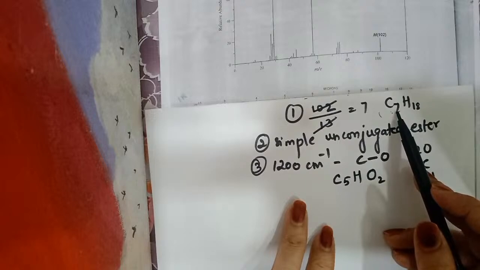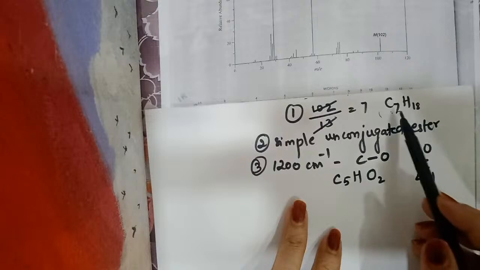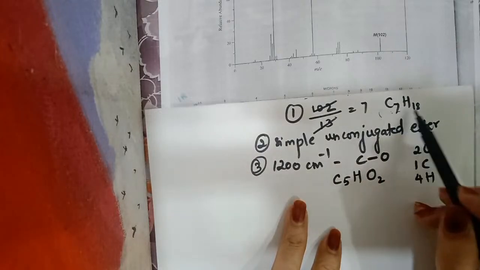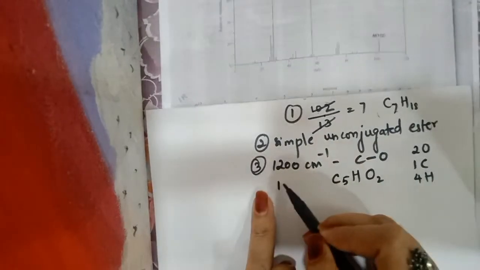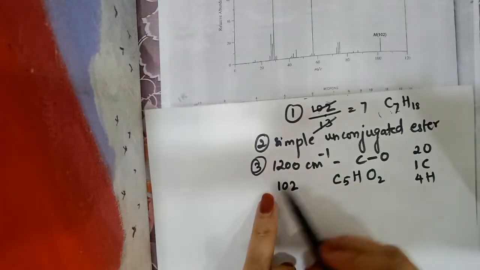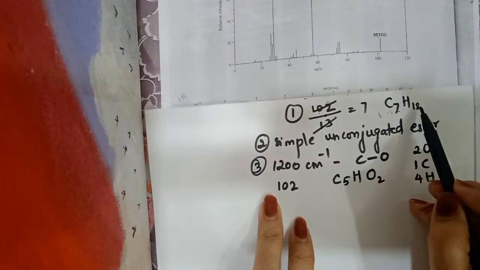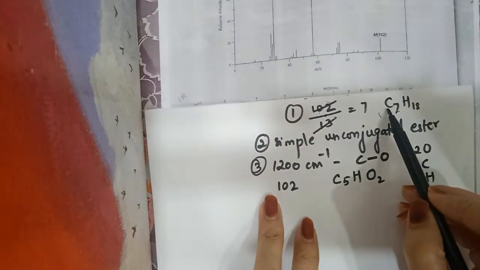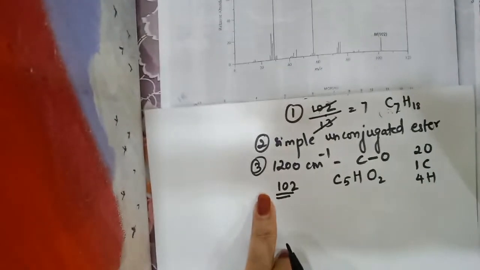So we have adjusted 2 carbons, and the hydrogens, so that we have got 102. So our molecular formula, the value is 102. We have adjusted C7 plus H18, that is 7 into 12 plus 1 into 18. We are getting the answer 102.